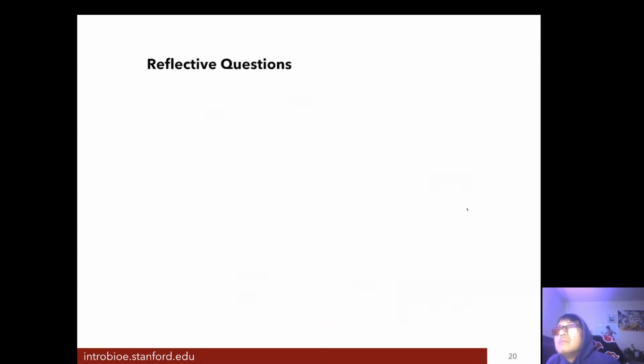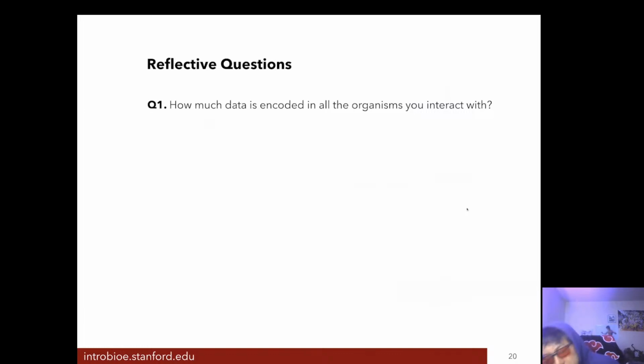Our reflective questions for this section are: how much data is encoded in all of the organisms you interact with? We have a lot of statistics about how much data you interact with through your phone or through the internet, but how much are you interacting with biotically? And then why do changes in DNA alter living organisms?